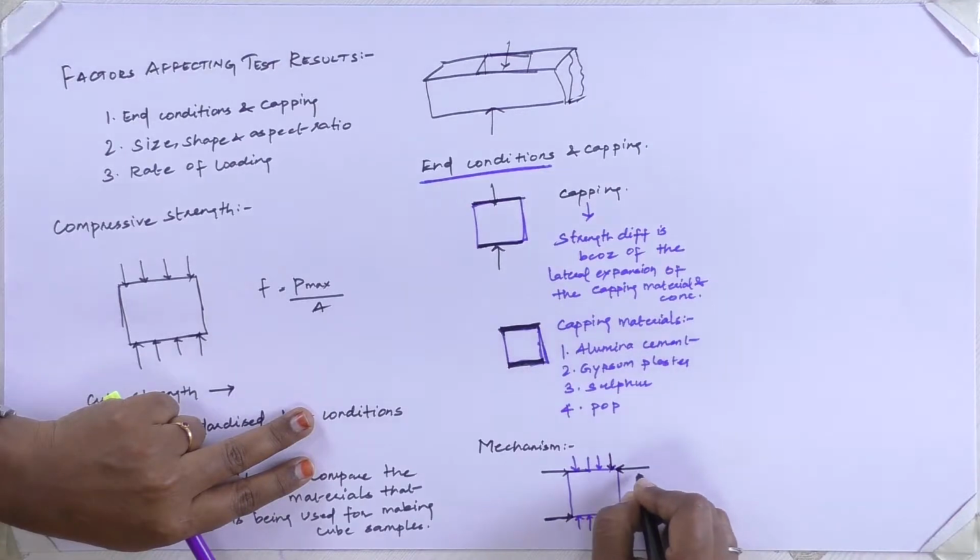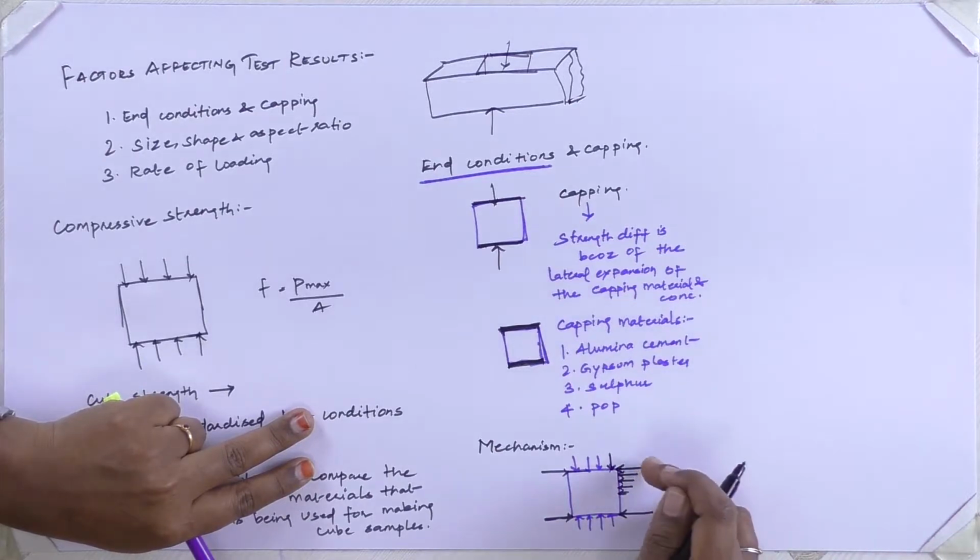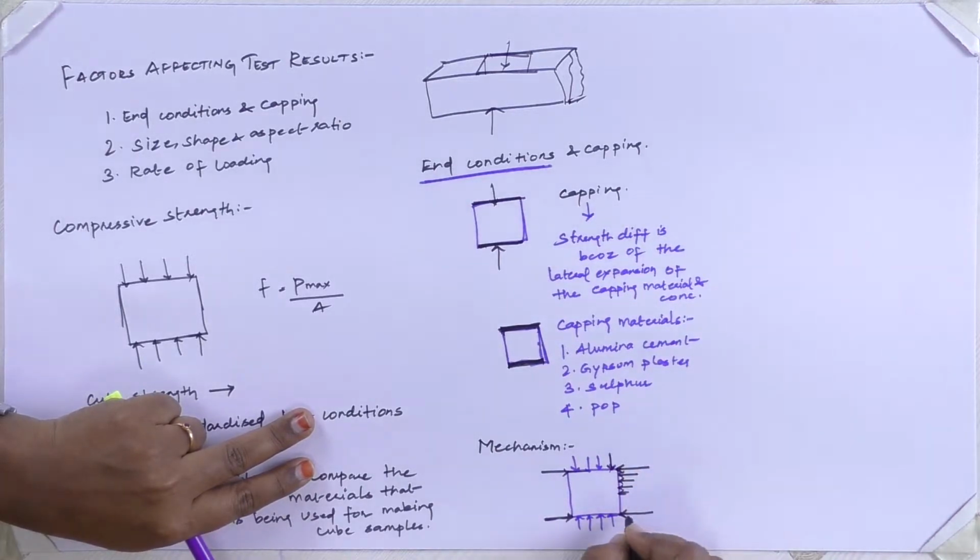This frictional force will be much stronger at the ends, and it gradually reduces from the top.